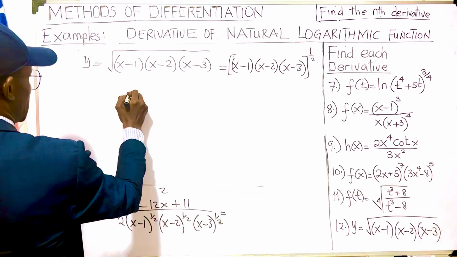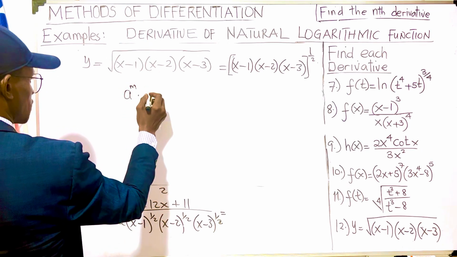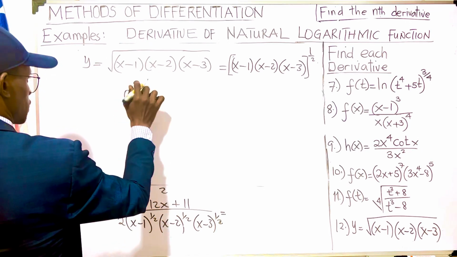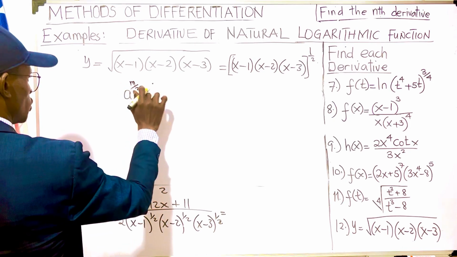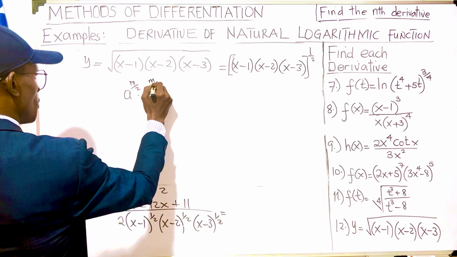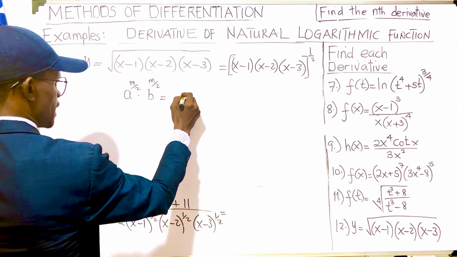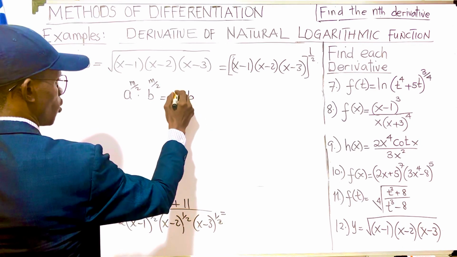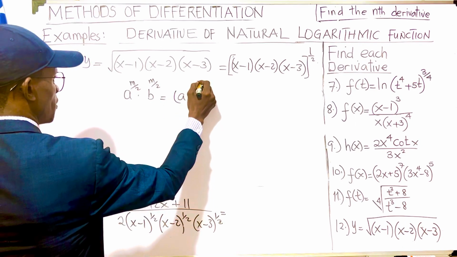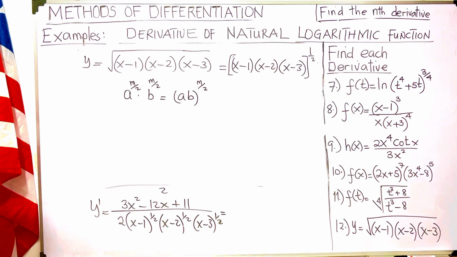Because we know that a raised to the power m over 2 times b raised to the power m over 2 is equal to ab, all raised to the power m over 2. That's exactly what it means.